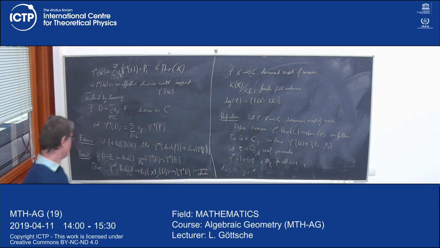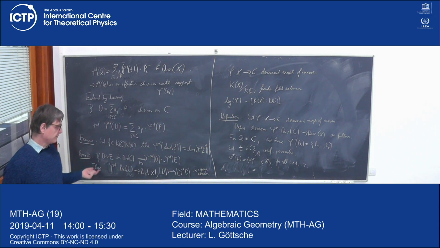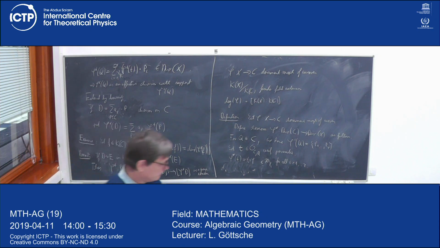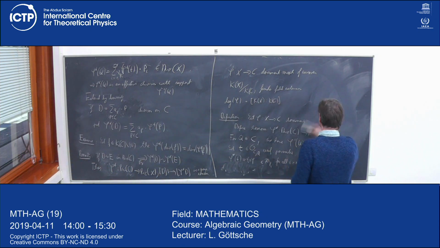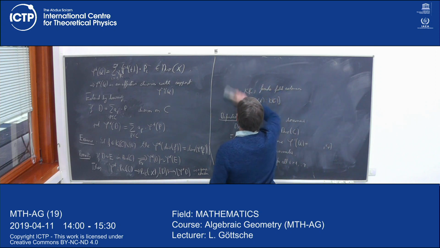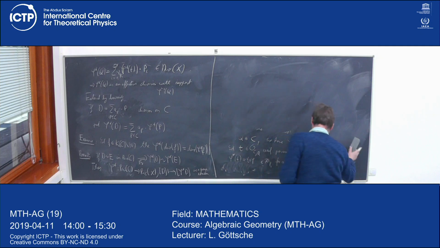And in fact, if you take the inverse, it will give you the inverse of the pullback, and so it follows that if X and Y are isomorphic, then the Picard groups are isomorphic. So this is an invariant associated with the curve, which is actually quite counterintuitive.